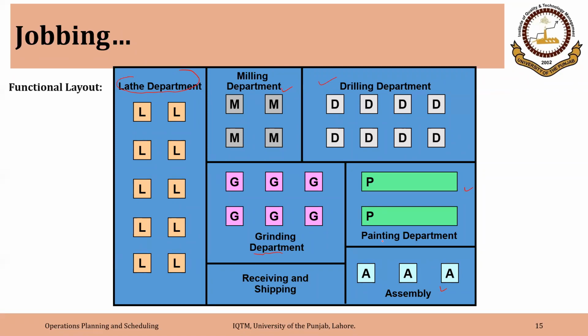And each product that we are making will be machined on these machines. But the path that it will follow and the time it will spend on each machine or in each department will vary. For example, one product may follow this path and the other may follow this path.